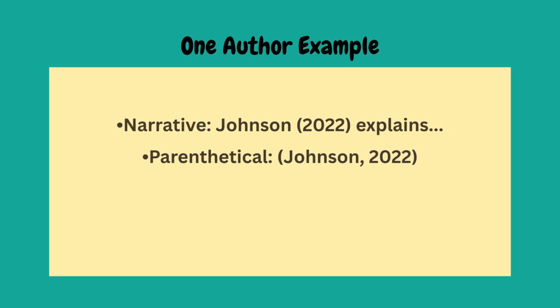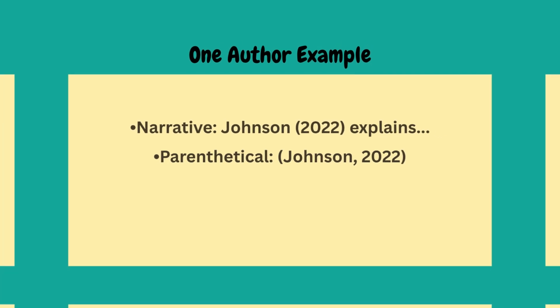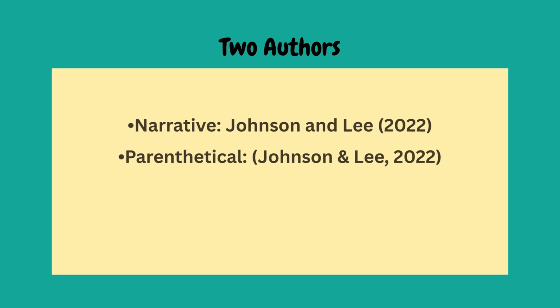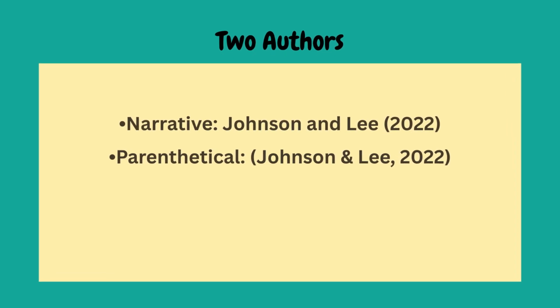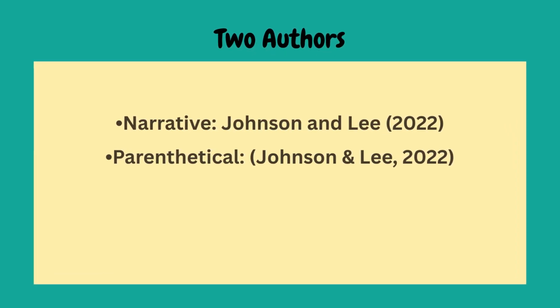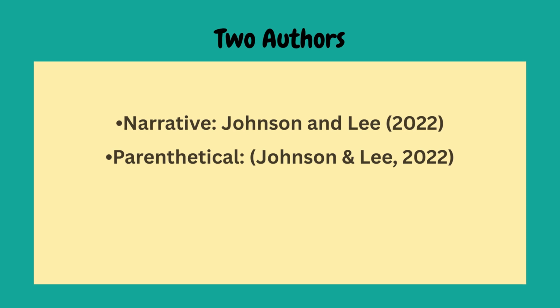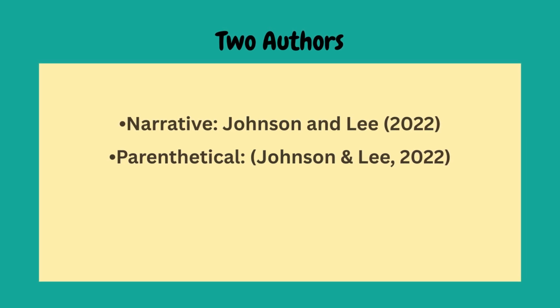Now let's look at a source with two authors. Johnson and Lee (2022) explain that strong organization improves essay quality. In a parenthetical citation, it appears as (Johnson & Lee, 2022). Inside the sentence, we write the word "and." Inside parentheses, we use the ampersand symbol.